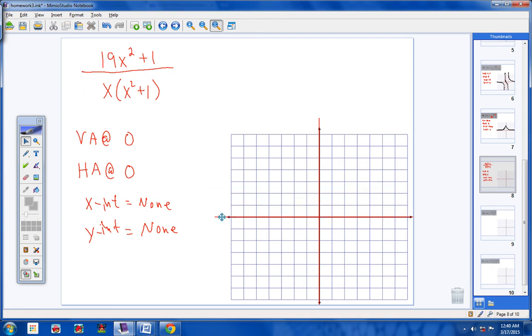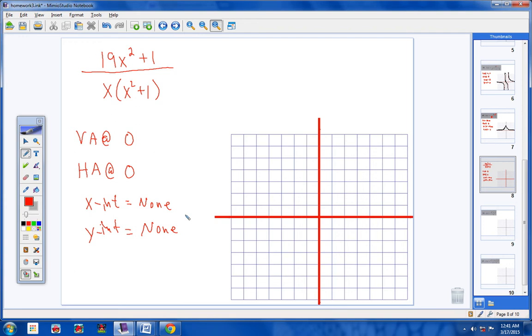And we're going to make these a little thicker so we can see them a little better. There we go. Now we have no x or y intercepts, so we're really ready to get on our graphers and start putting in numbers.